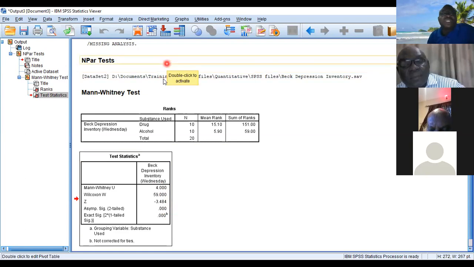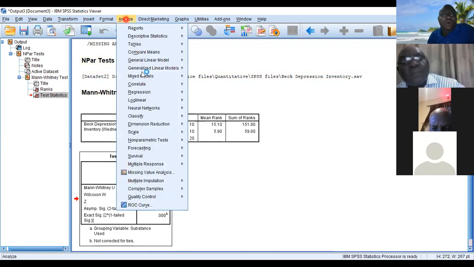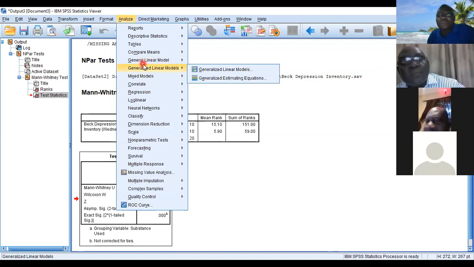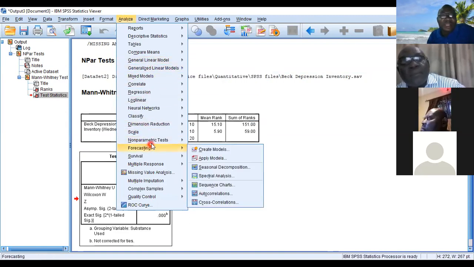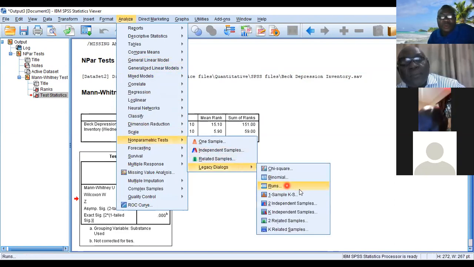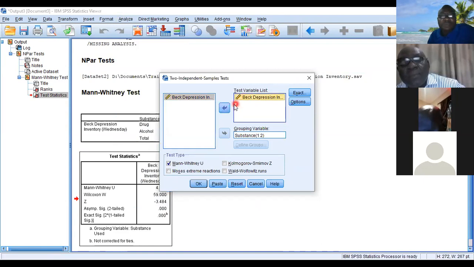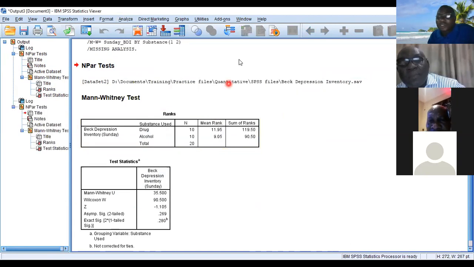So I can go and do the same thing for depression on Sunday. It's another variable between drug and alcohol. Sometimes the way we put them together is confusing many people, so I decided to run depression on Sunday separately.